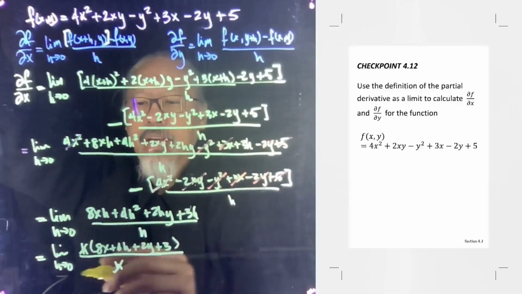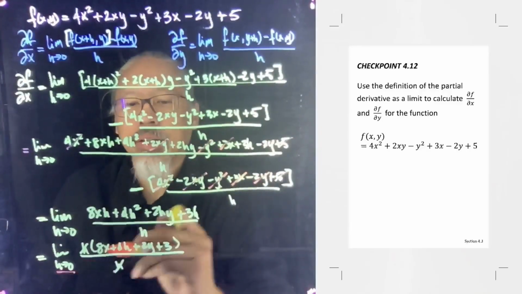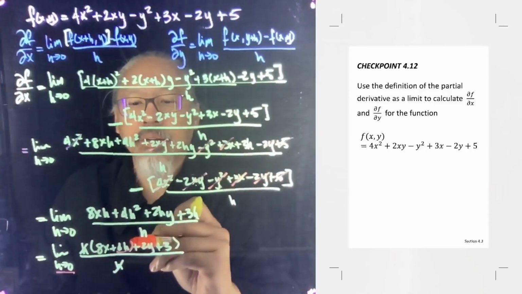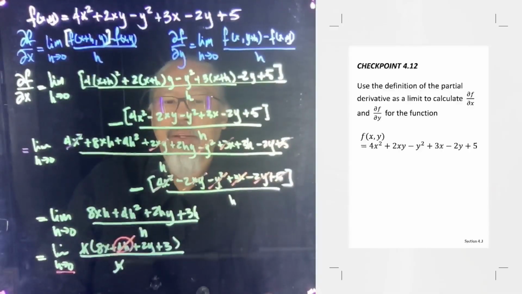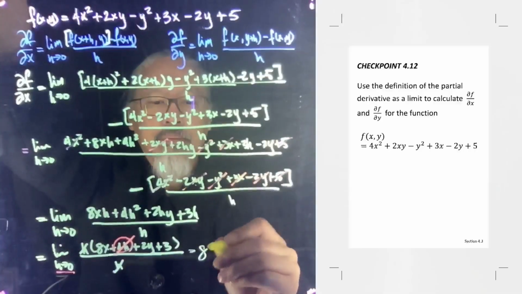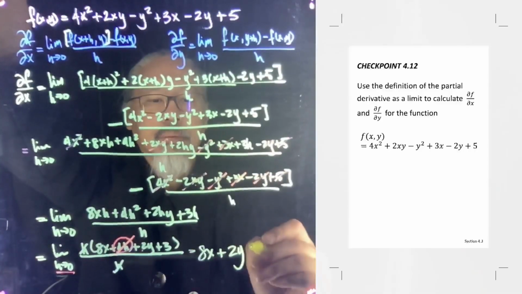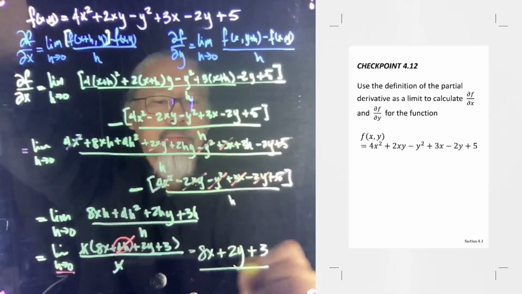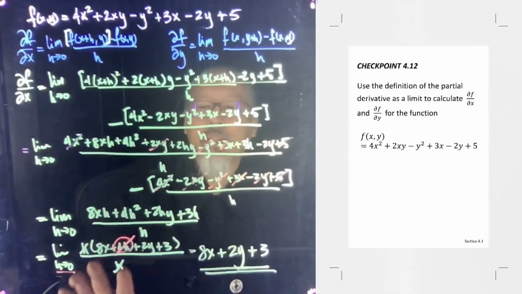And then if we let h approach 0, we'll see that this is the only term that has an h in it, and that's going to go to 0. What we have left will be 8x plus 2y plus 3. Okay, so that's the derivative of f with respect to x.